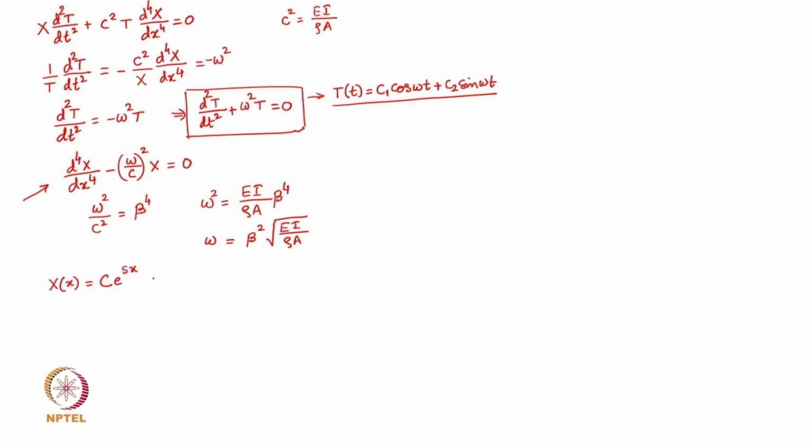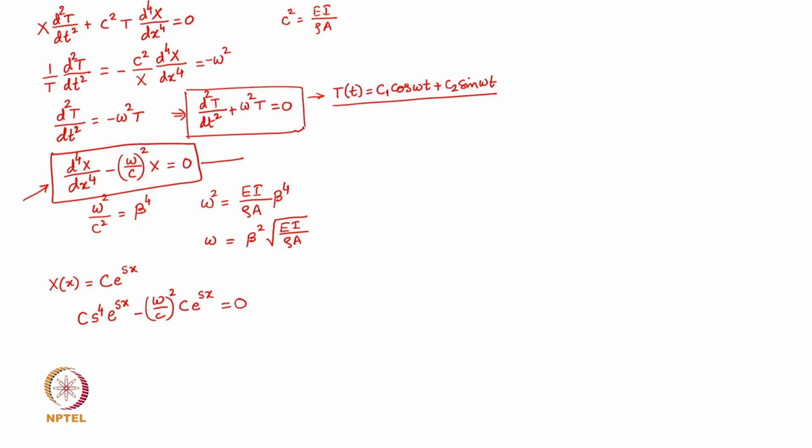If we assume the solution of this particular equation as X of x equal to C e to the power sx and substitute that in that equation, we basically get C as an assumed constant, s raised to power 4 because it is the fourth derivative here, e to the power sx minus omega over c whole square, and this capital X is essentially C e to the power sx as we have assumed, equal to 0.